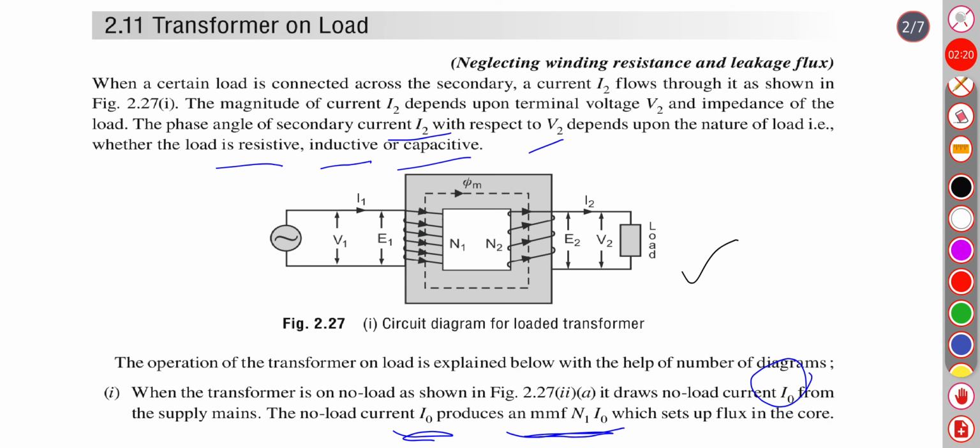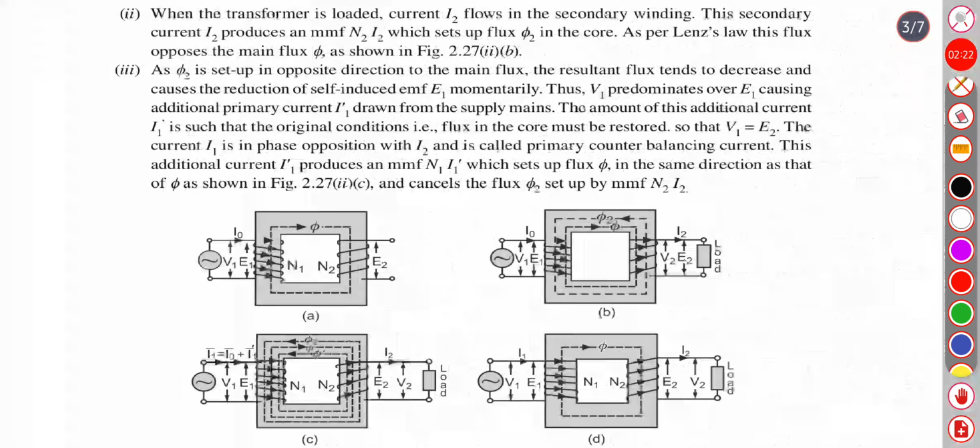Now, when the transformer is loaded, current I2 flows in the secondary winding. This secondary current I2 produces an MMF N2 I2 which sets up a flux phi2 in the core. As per Lenz's law, this flux opposes the main flux phi, as shown in figure B.